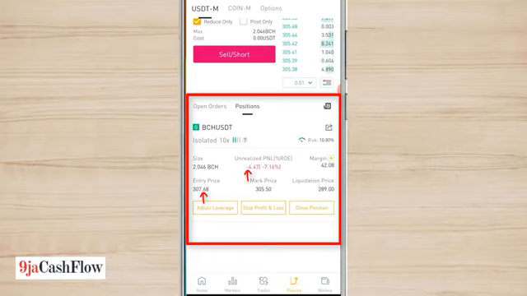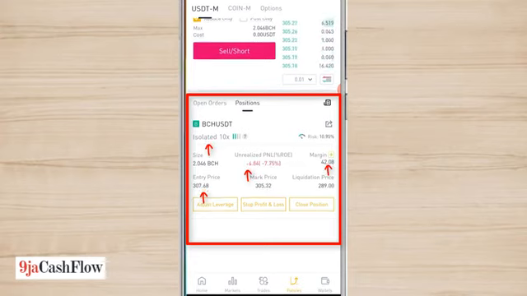As you can see, this is an isolated trade. I use about 25% of my capital, so I'm risking $42 on this trade, and that's my margin. That's the amount I'm using to place that trade.